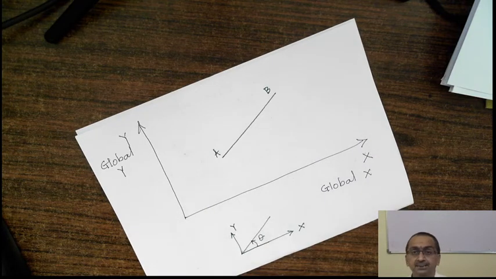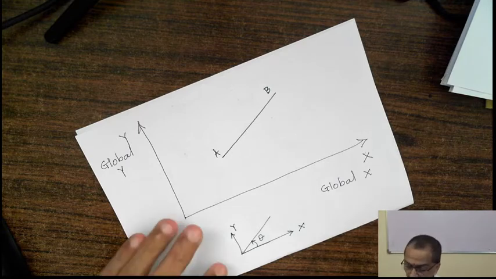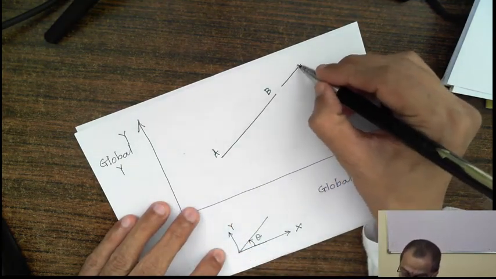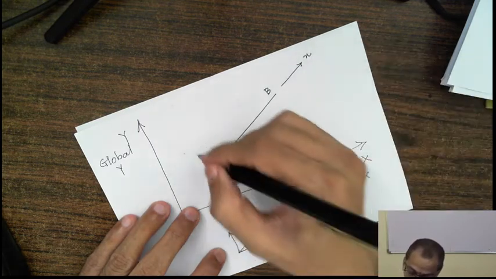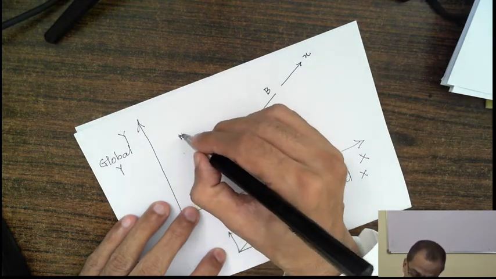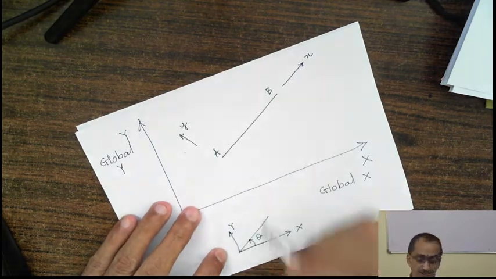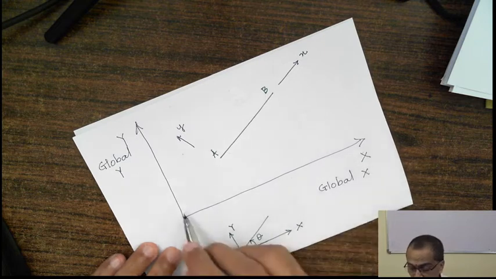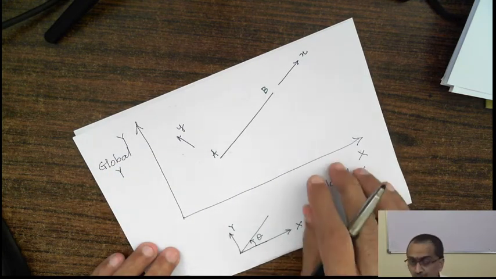This AB is inclined at an angle theta with respect to the global x-axis. Now this is the local x-axis for AB and this is the local y-axis for AB. I think all of you have understood. These are the global x and global y axes which we are interested in.